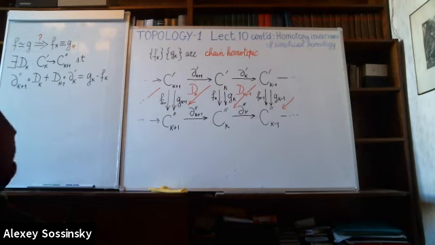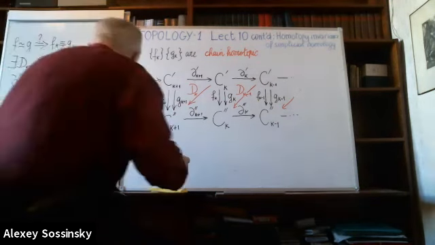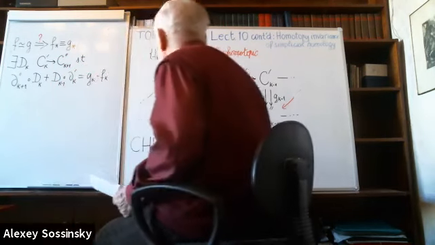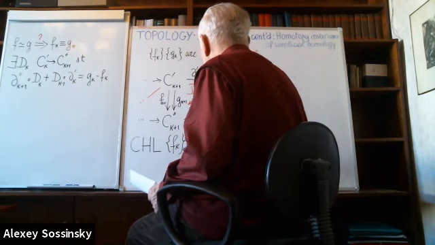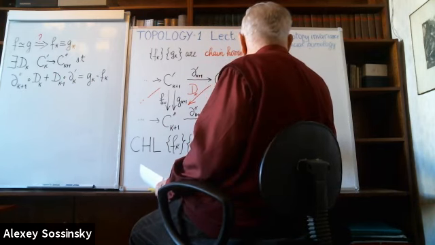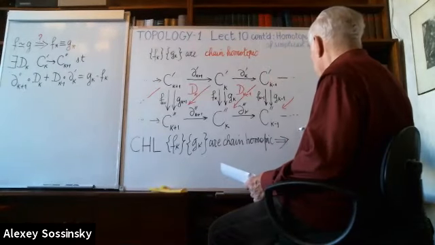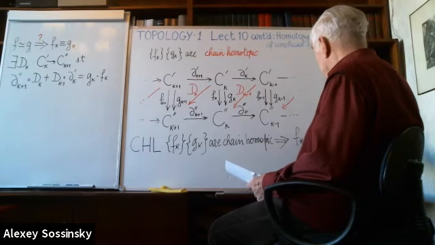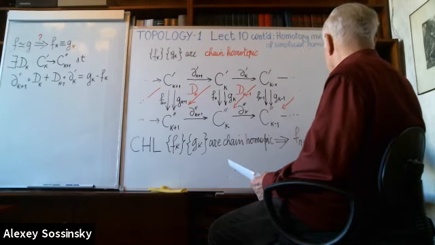homotopy. And in the previous lecture, we proved the chain homotopy lemma, which says that if Fk, Gk are chain homotopic, then Fn star coincides with Gn star.